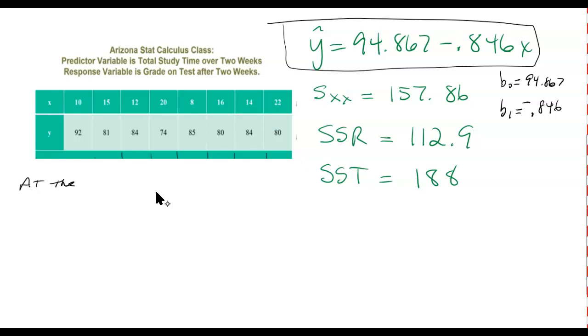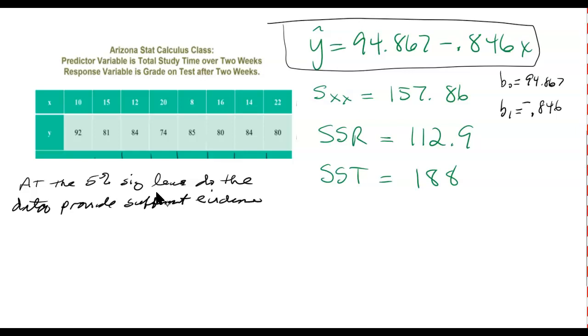At the 5% significance level, and that should tell you that you are going back to a hypothesis test: do the data provide sufficient evidence to conclude that, in this case, the number of hours studied is a useful linear predictor of the grade you will get on a test?